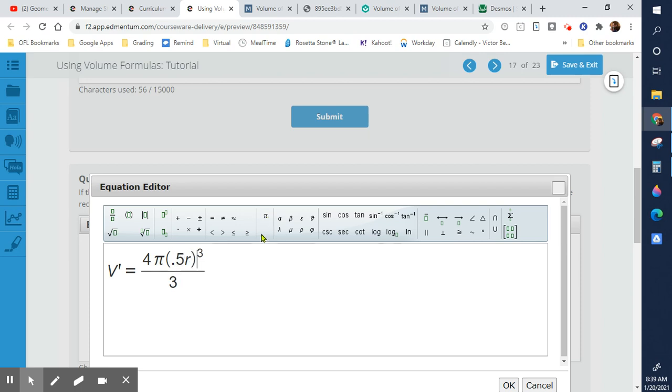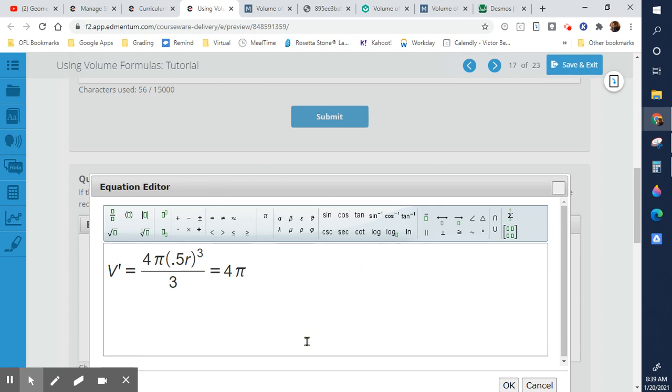Now, a lot of people make the mistake of leaving the parentheses out. What happens here is you want to make sure it's in the parentheses because you're actually cubing half the radius. So what happens here is we're going to end up getting 4/3 pi times 0.5 times 0.5 times 0.5.